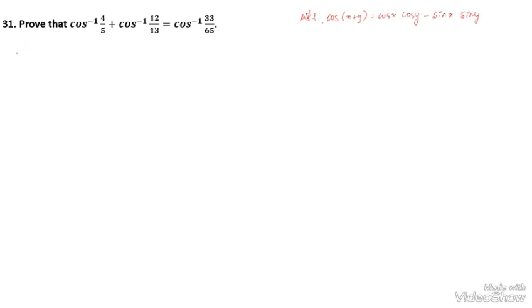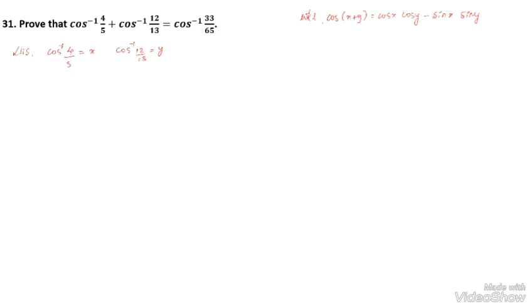Now I can consider the left hand side, that is cos inverse of 4/5 is equal to x, and again cos inverse of 12/13 is taken as y.